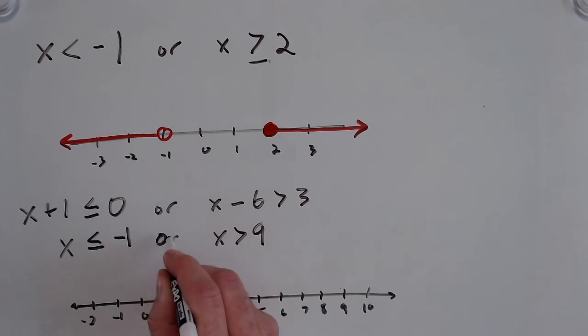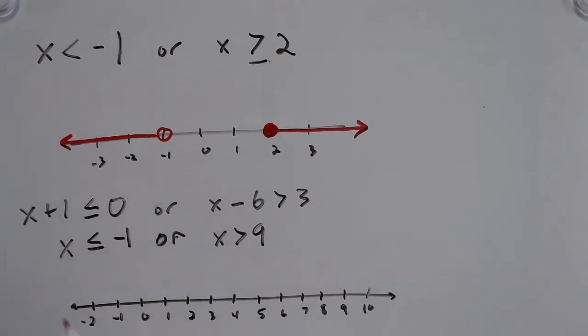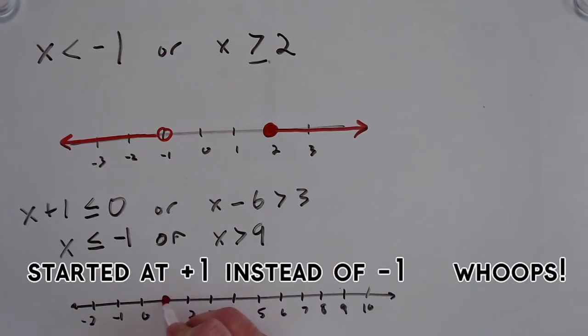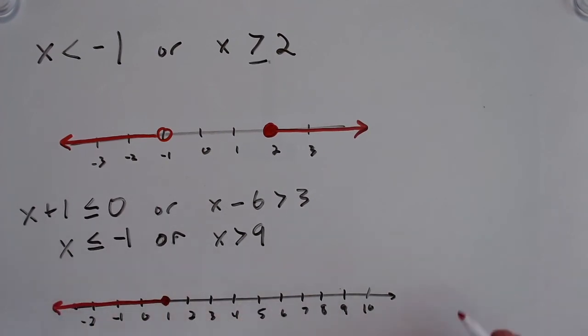So where on the number line are either or both of these statements true? So x is less than or equal to negative 1, so negative 1 is included. So we go less than. And the other statement, x is greater than 9. So we have to avoid 9 because we know it's bigger than 9. And it goes like that.